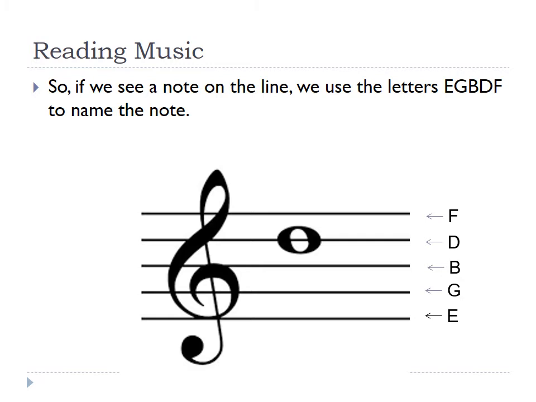Now don't allow yourself to get confused by the fact that this note is a circle without a stem. It is the same note name in terms of A, B, C, D, E, F, or G as our previous examples. The only difference is that this note is a semibreve. Do you remember what a semibreve is? We dealt with it in the first lecture.